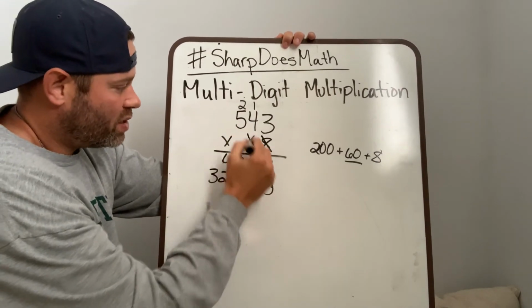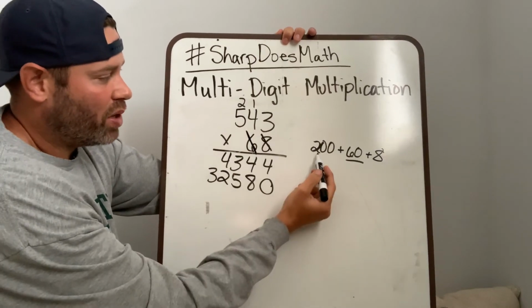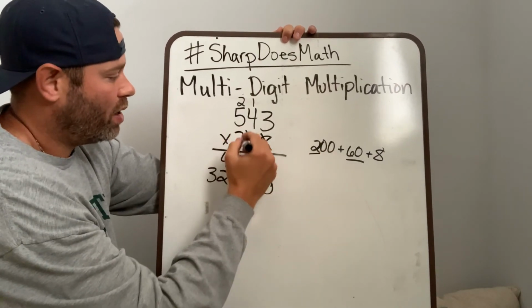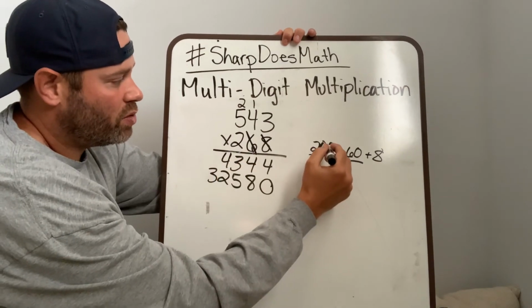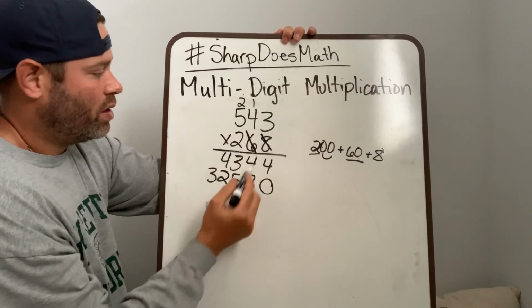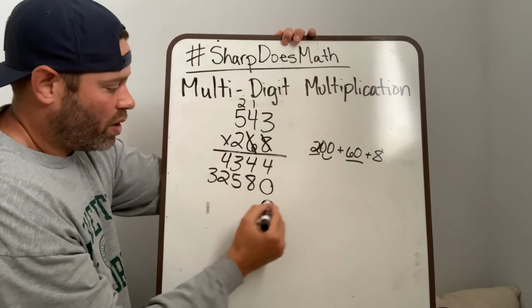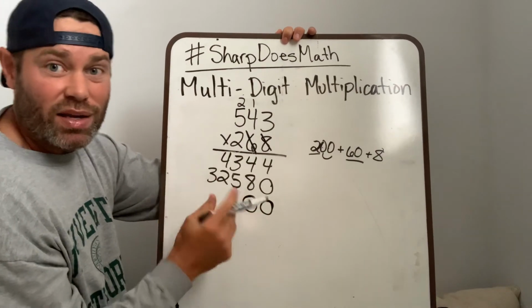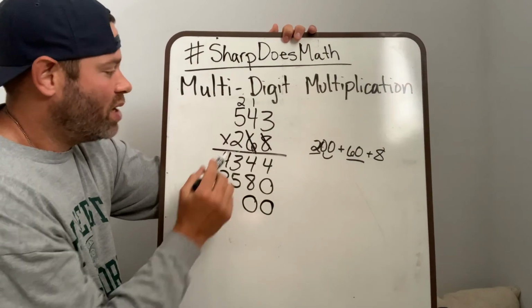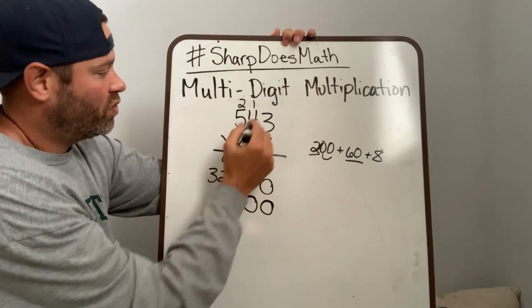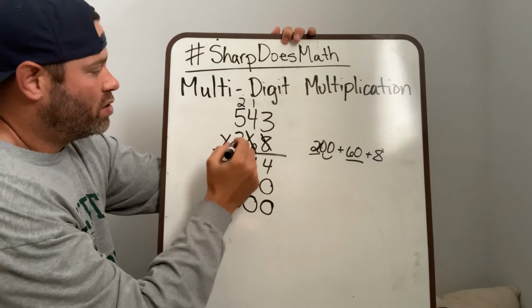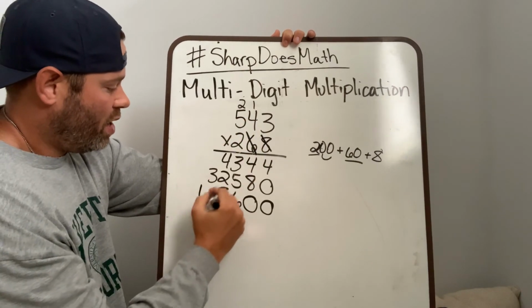I'm done with this 6. I'm going to bring my 2 back in. And look, I crossed off 2 numbers. I also have 2 zeros here, okay? Those 2 zeros will go right there. And then again, it's just single digit multiplication now. 2 times 3, 6. 2 times 4, 8. 2 times 5, 10.